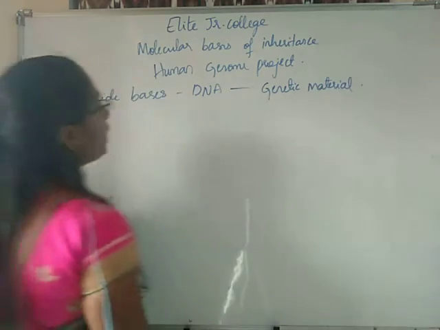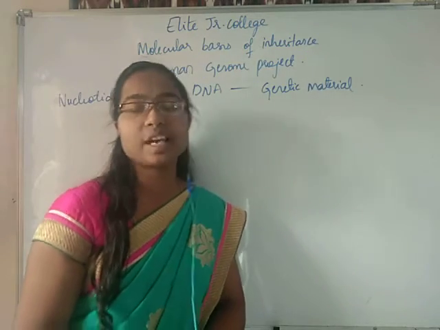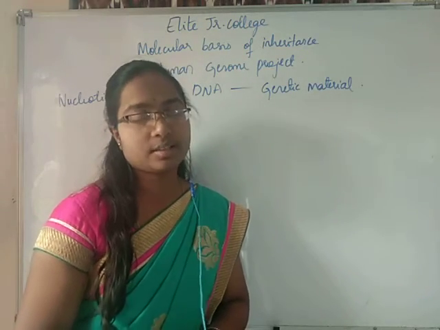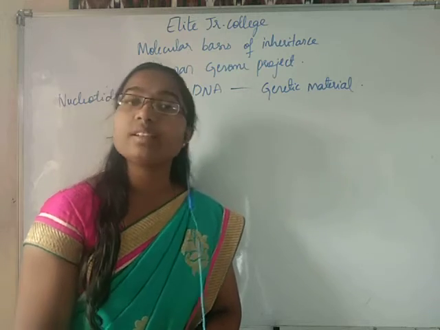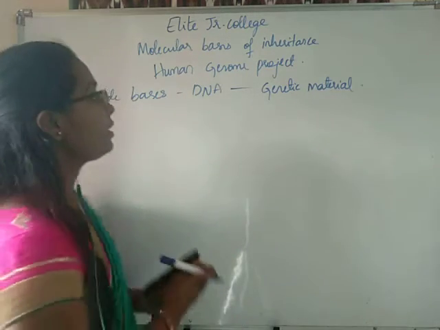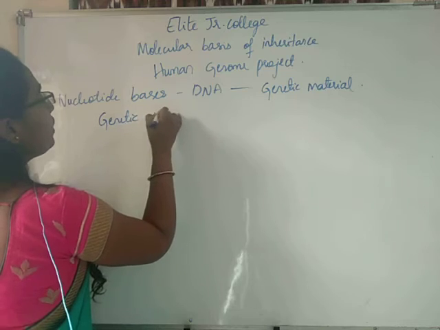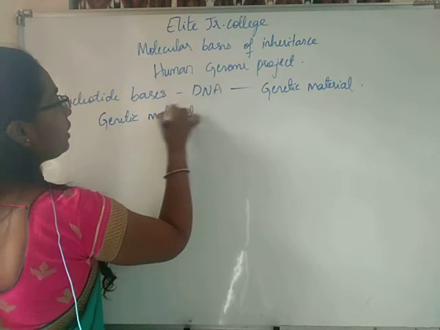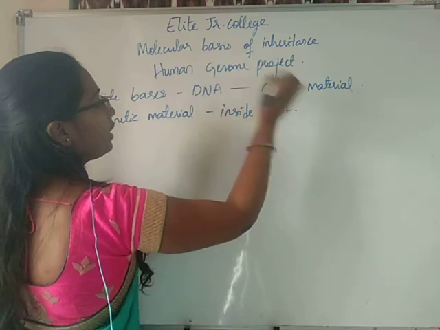So nucleotide base pairs present inside the DNA are our genetic material. This we have learnt in our previous classes, right? So our genetic material is present inside the DNA.